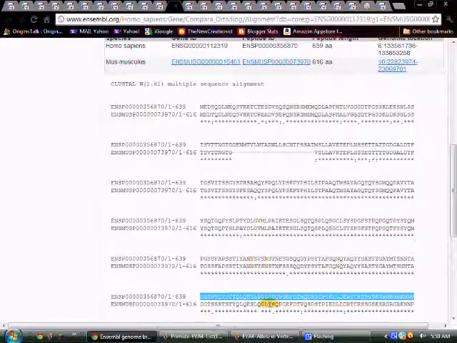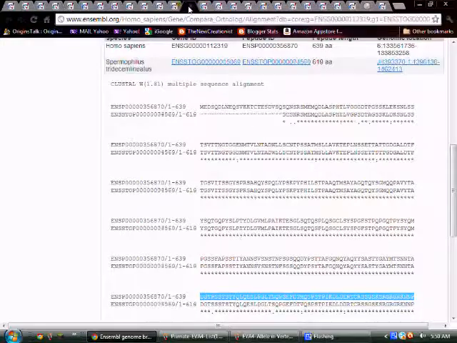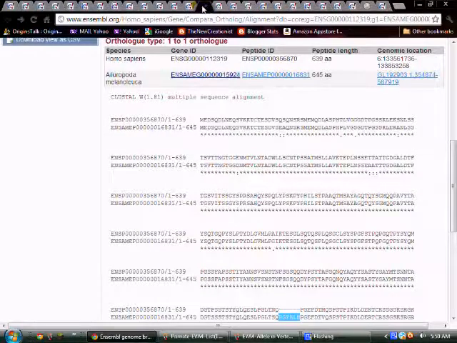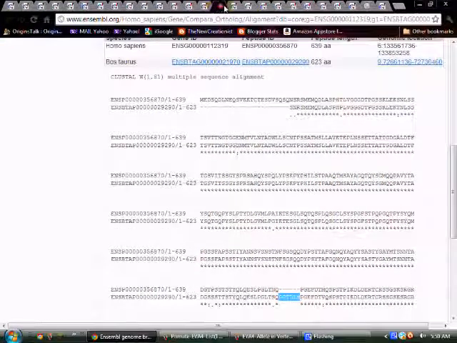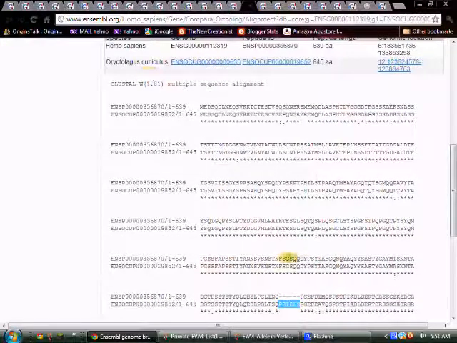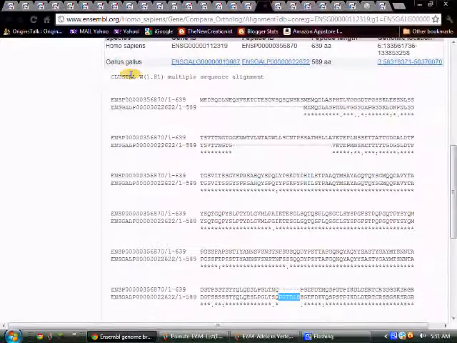Here we have mouse, which does not have the 6 amino acid sequence. How about squirrel? Does not. Panda does. Cow does have the insertion. Bunny rabbit, we already looked at, does have the insertion. Chicken does have the insertion.